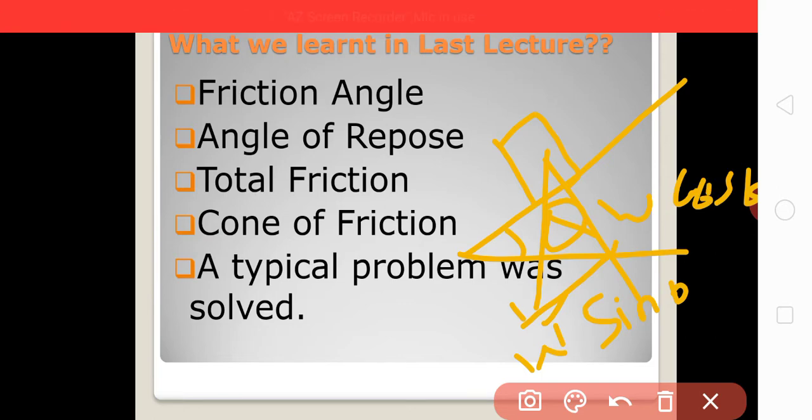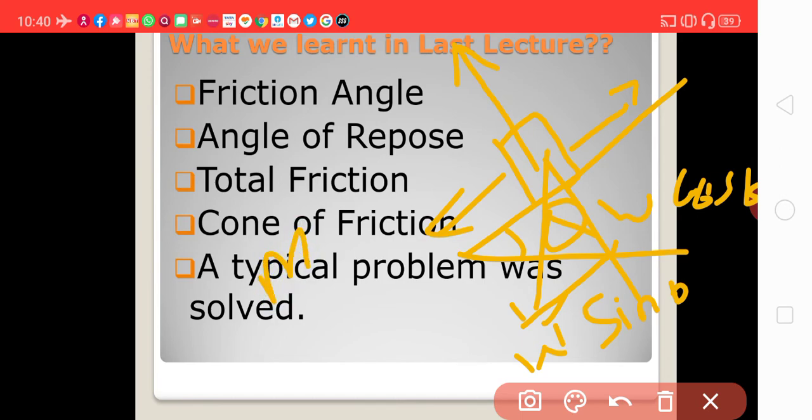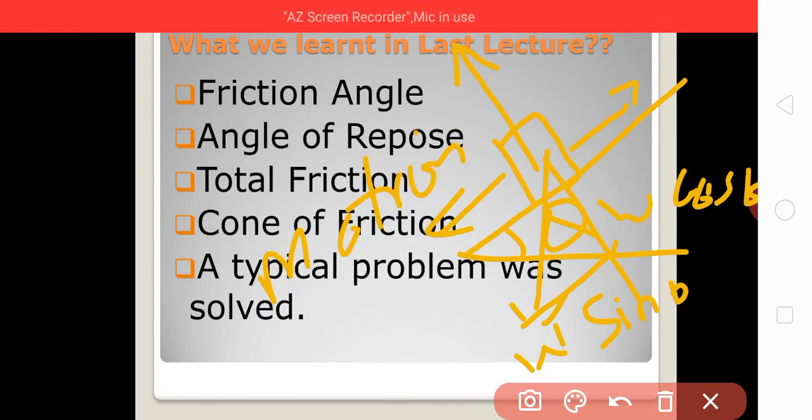The friction force will act this way and the normal reaction will act normal to the surface. The angle theta corresponding to the impending condition, in which the block is just about to start moving downward, is called angle of repose. I think clear?